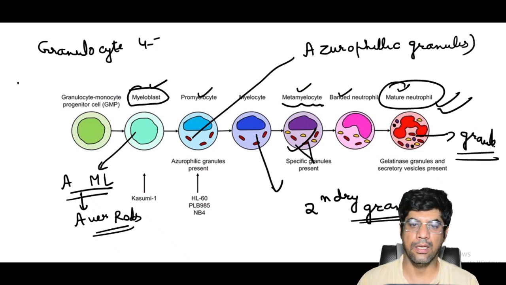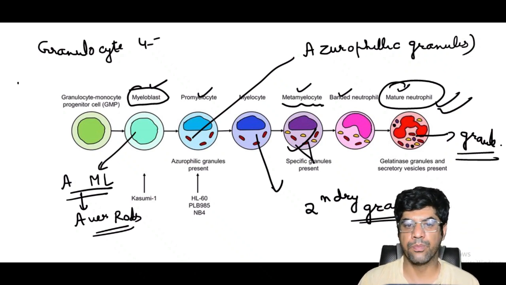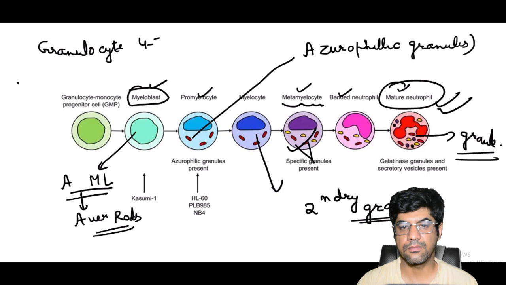Similarly, in the monocyte macrophage series, from monoblast to promonocyte to mature monocyte, it is involved in phagocytosis and secretion of various active products.